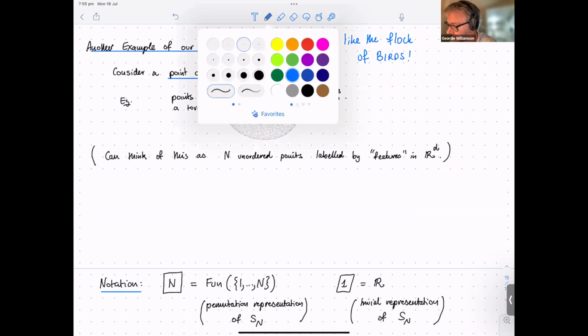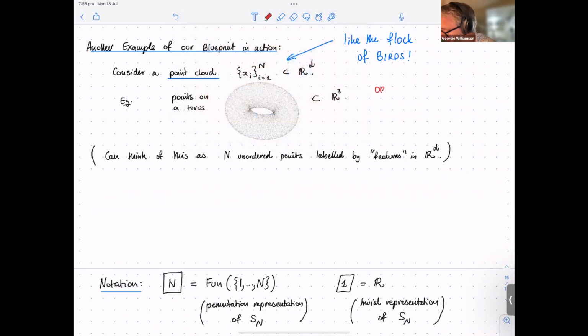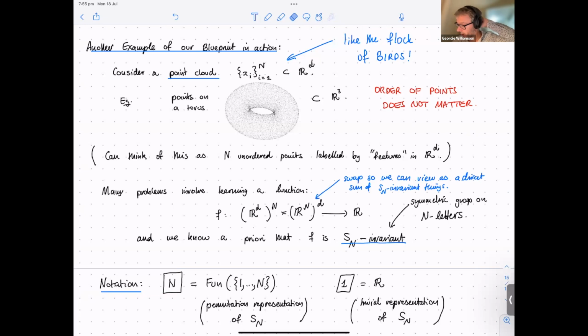That's the key point. For example, in a swarm of birds, you do not care which bird is which. Many problems can be seen as learning.